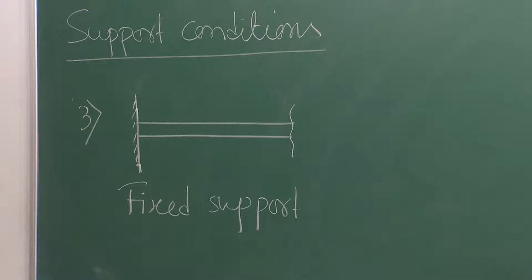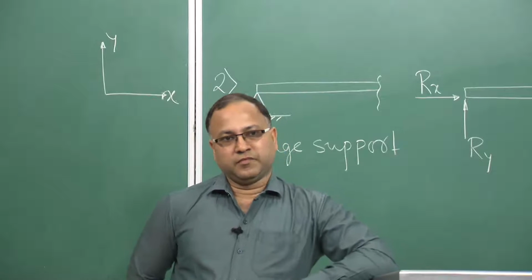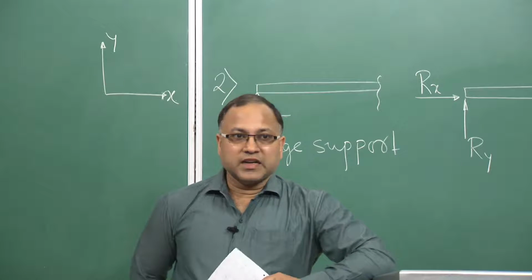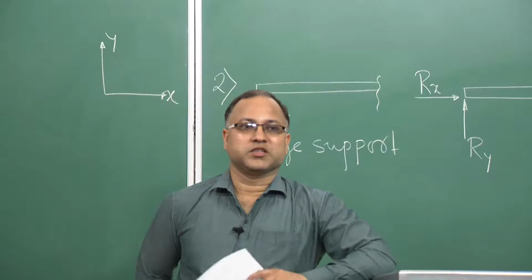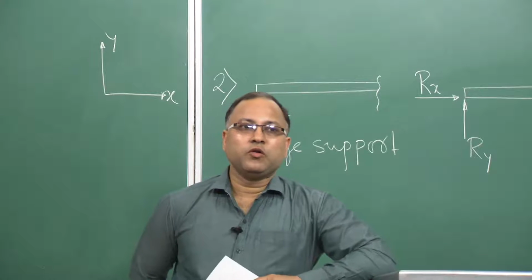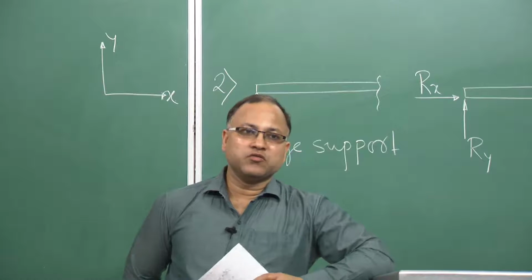This support does not allow horizontal movement, does not allow vertical movement, and does not allow any rotation. Therefore, because all the movements are restricted, I should get all the reactive forces.